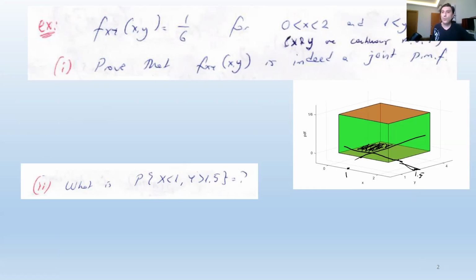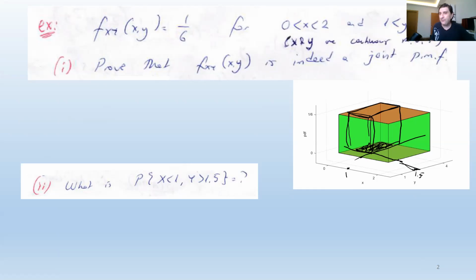So what is asked is actually the volume here, the volume of this rectangular prism.